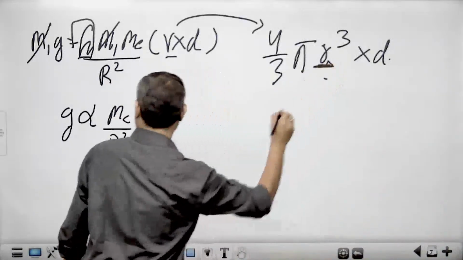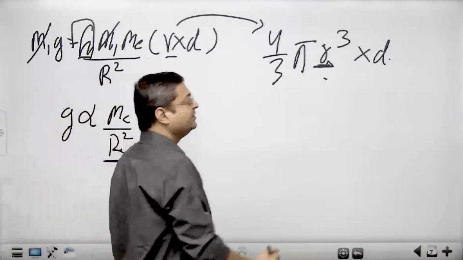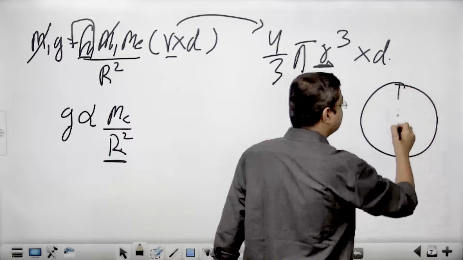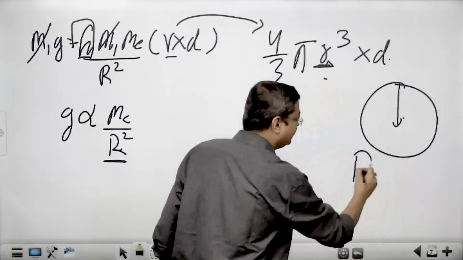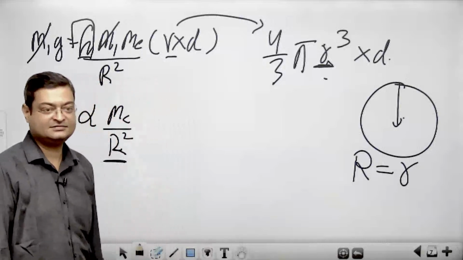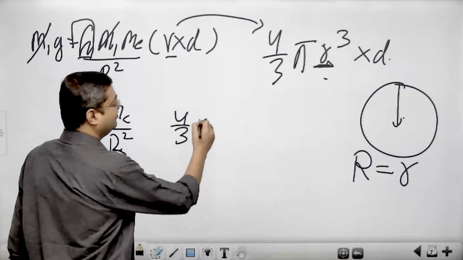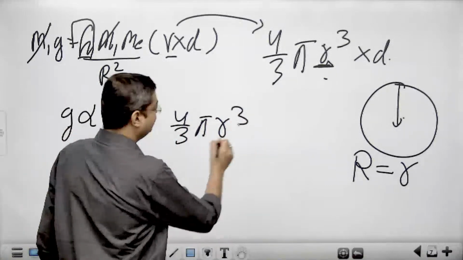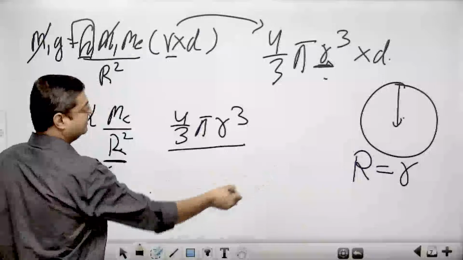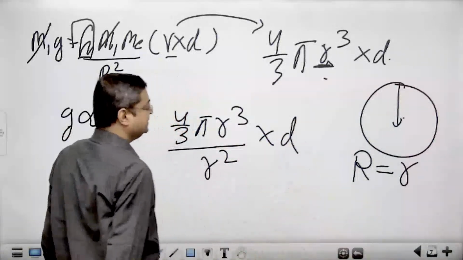this R and this R are same. So if I am going to move towards the interior of the earth, in first case R is equal to R. तो क्या करेंगे? 4/3 pi r cube. नीचे भी क्या लिख देंगे? R square multiplied by density.